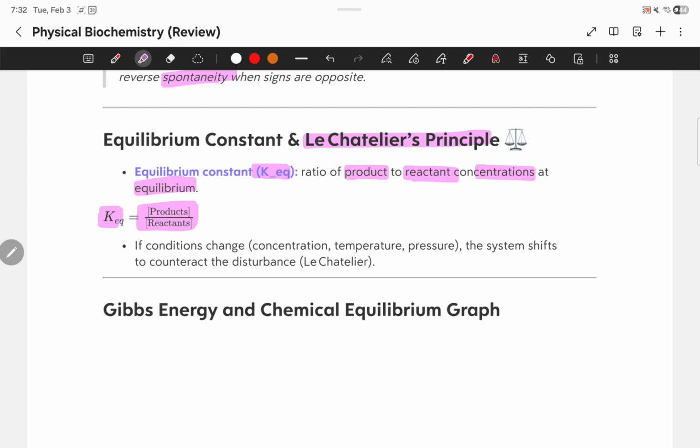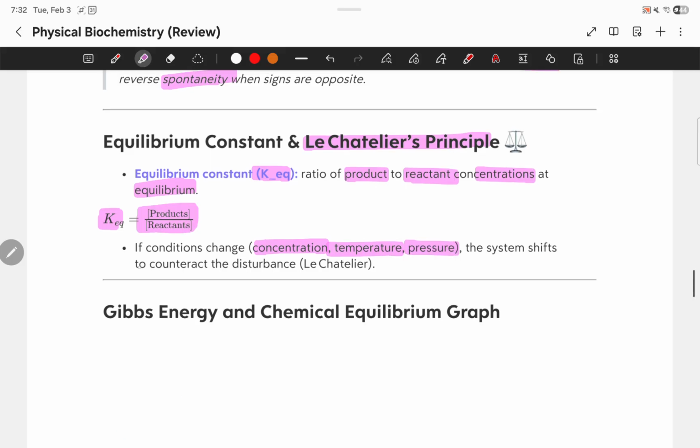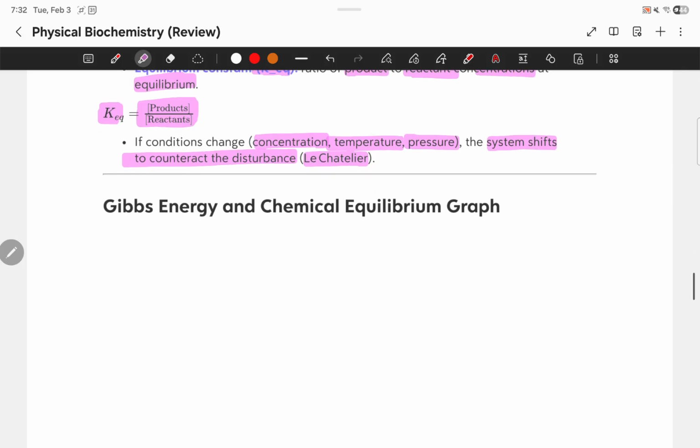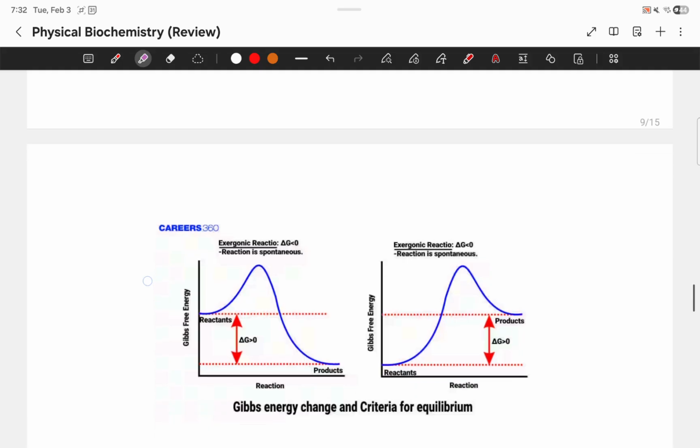If conditions change, such as concentration, temperature, or pressure, the system shifts to counteract the disturbance, which is known as Le Chatelier's principle. Now, talking about the Gibbs energy and chemical equilibrium graph.